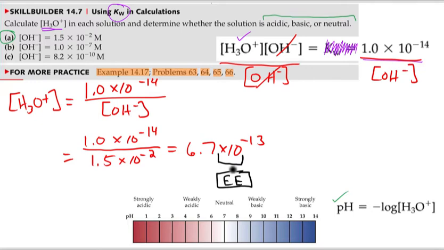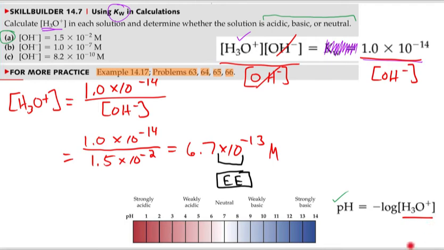That's typically the way this is done. There are some variations on that theme. I like to discourage the use of the multiplication sign and then the caret to raise 10 to the minus 13. That doesn't work too well. Usually if a student tries to use something other than the EE, they're off by 10 or so in their final answer. But this is the concentration of hydronium, and that's what we're going to plug into that portion of the expression.